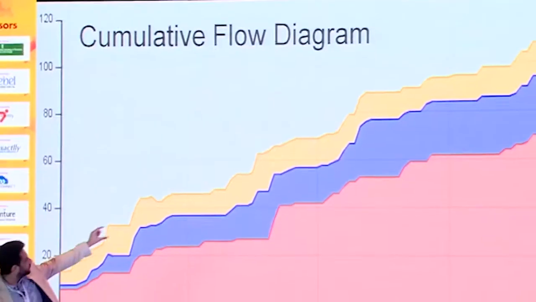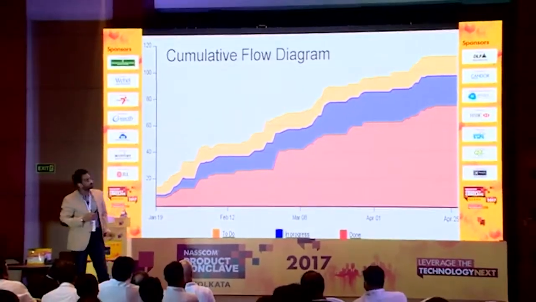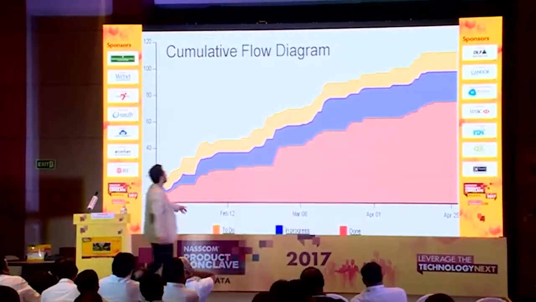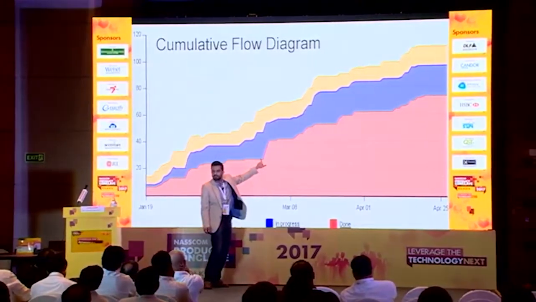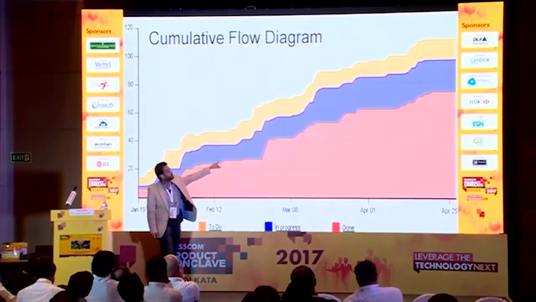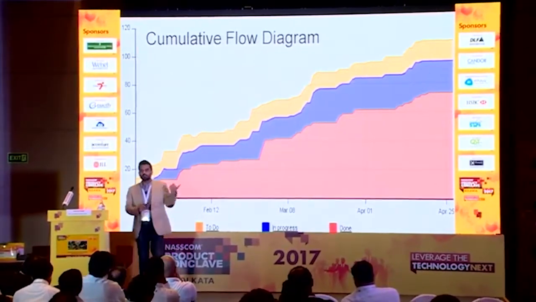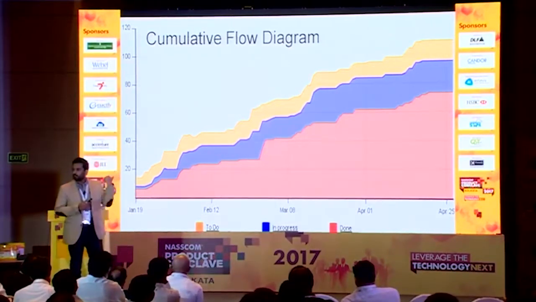So the width of each row is work in progress. How many things are work in progress? The moment you see this red line, nothing is happening here. Something is stuck. The moment something is stuck, as leadership we are supposed to make sure that we go there, we focus on that and move it out.